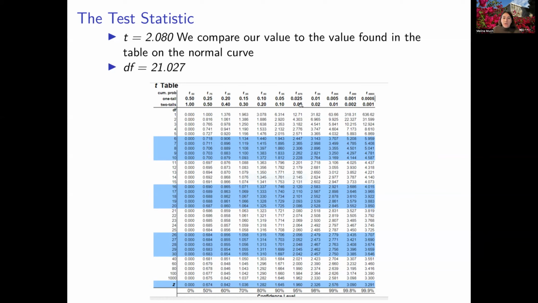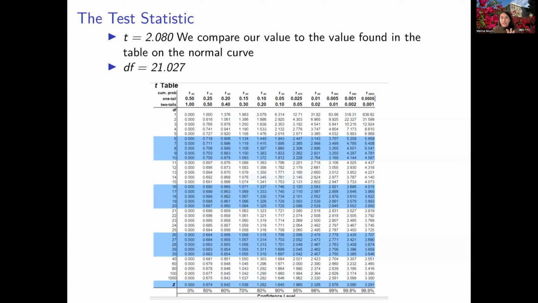Using that threshold of 0.05, we look at the degrees of freedom in the very left-hand column, 21, and then we come over and find where those things intersect. They intersect at 2.080. 2.080 is then our critical value. That's what we're going to be comparing our test statistic to.